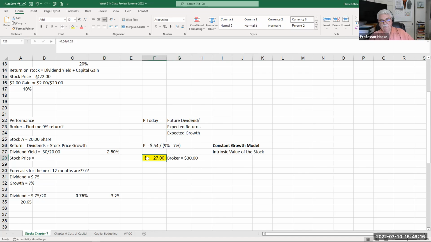Now, if I call up my broker and the broker tells me the stock is currently trading at $30 a share, I don't know if I'd buy that stock because it's overvalued. Its true intrinsic value by the constant growth model is really $27 a share. So I would stay away from it.